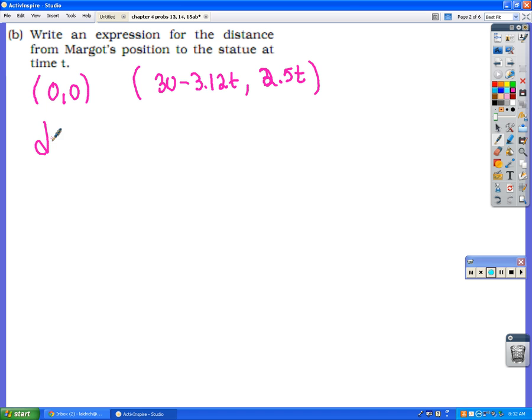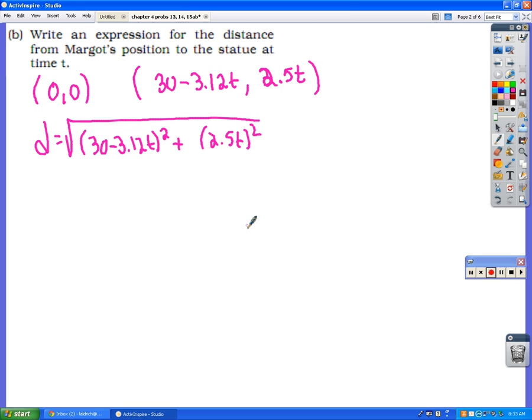So you say the distance between 2 points is the square root of (x2 minus x1) squared, plus (y2 minus y1) squared. Okay? So that gives our distance from the origin at any time t.